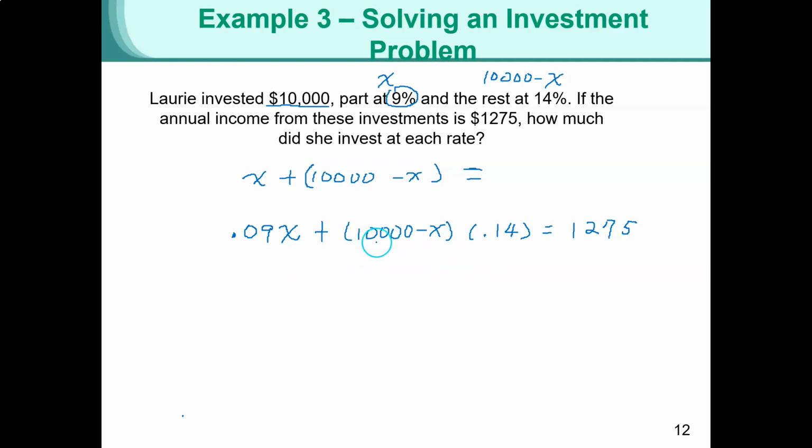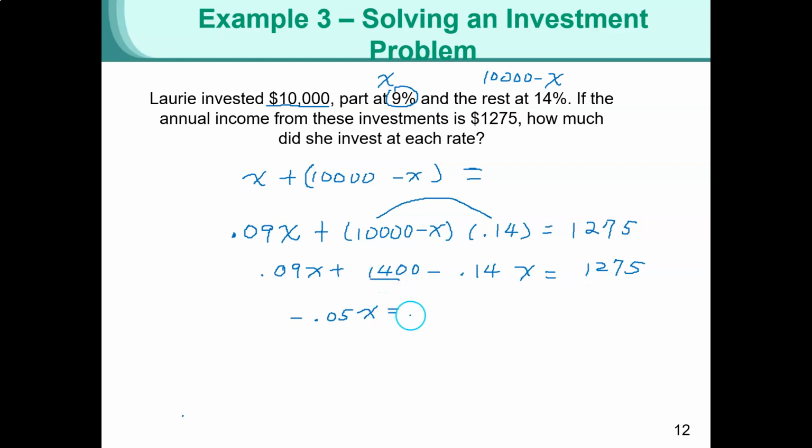Now from here we can solve for x. I have 0.09x plus, distributing, 1,400 minus 0.14x equals 1,275. Now combine like terms, we get negative 0.05x. Bring the 1,400 to the right-hand side, we get negative 125.